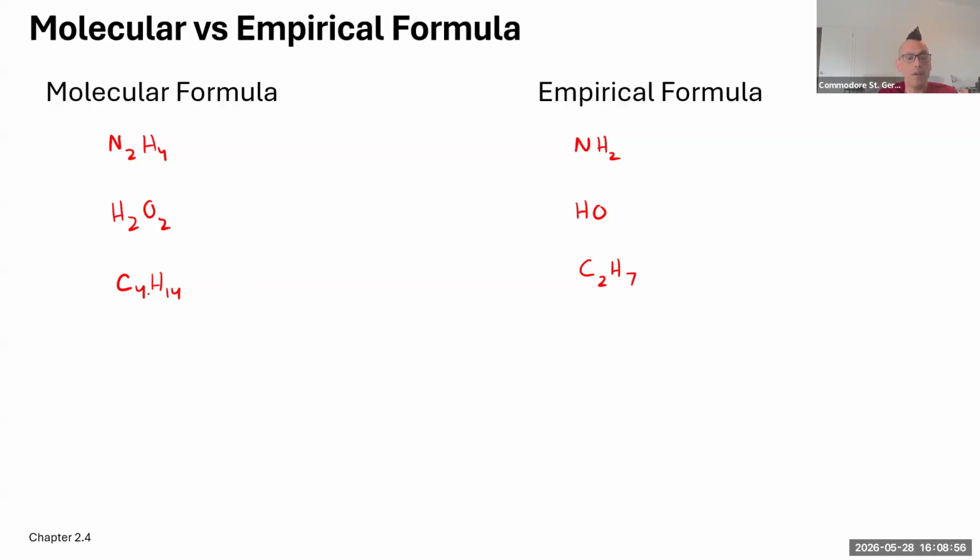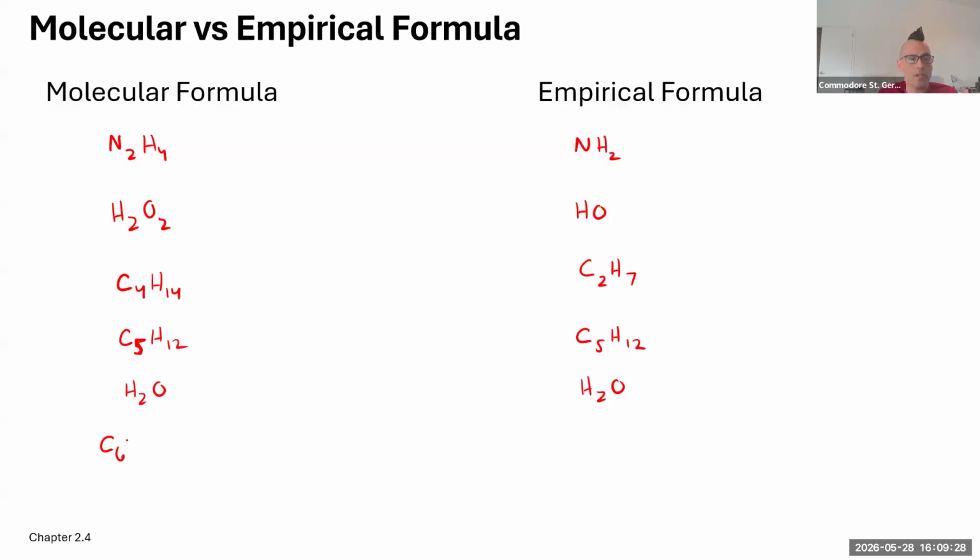Because you divide the 4 by 2, you divide the 14 by 2, you get C2H7. All right, let's do another one. C5H12, right? Now the empirical formula is actually exactly the same because you can't get any lower than that without getting decimals. Let's do H2O, right? We can't. Same thing.